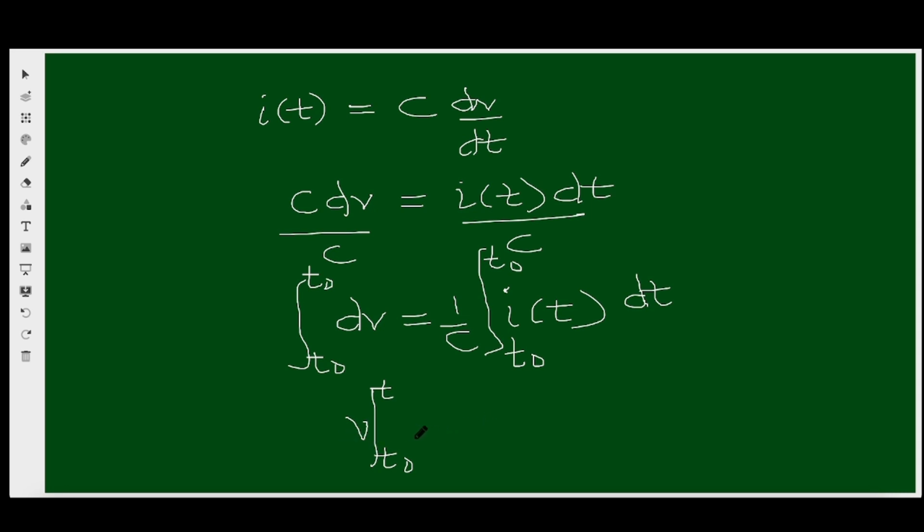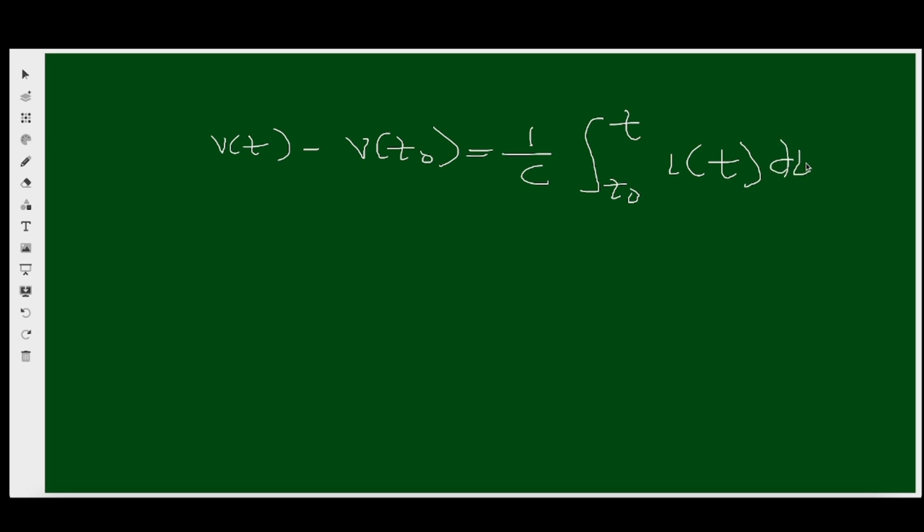Don't forget it is v of t, and 1 over C. When we integrate i with respect to t, we still leave it like that, so we have the integral from t naught to t of i(t) dt. If we insert t and t naught, we have v(t) minus v(t naught) equals 1 over C times the integral from t naught to t of i(t) dt.